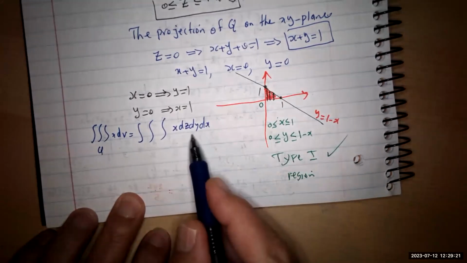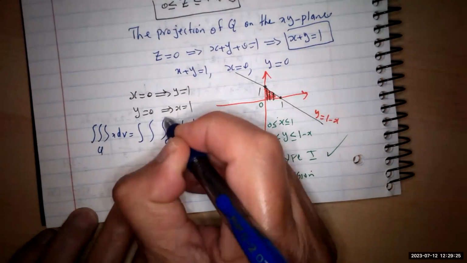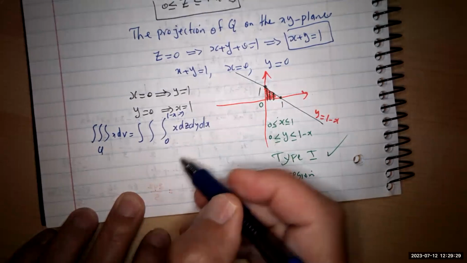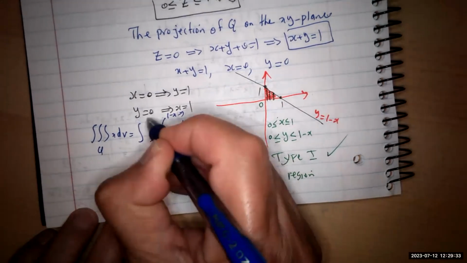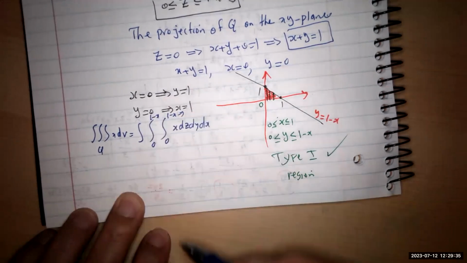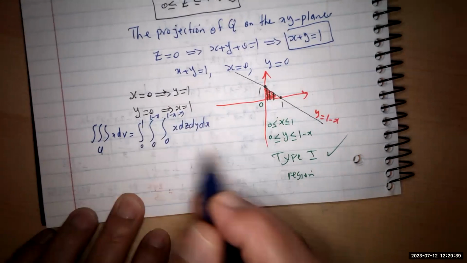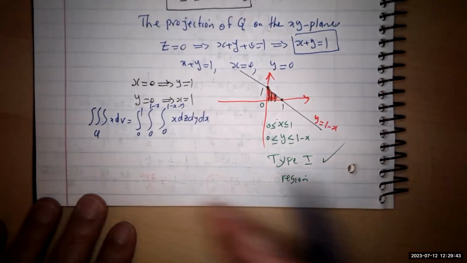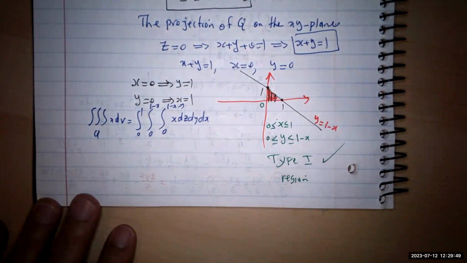This is the one we pick. z is between 0 and 1 minus x minus y. Then y between 0 and 1 minus x. And at the end, x from 0 to 1. So this is how we set up the integral. The integral is usually easy, but those domains are important.